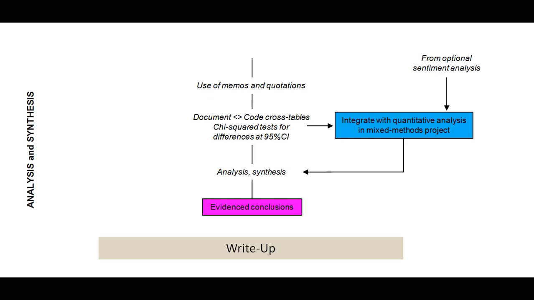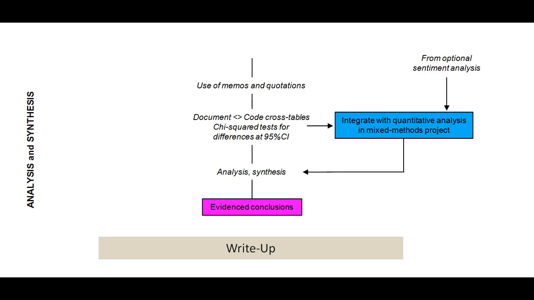Analysis and synthesis. This is where you bring all the evidence together to answer the research questions. In a mixed methods approach, the evidence comes from the results of both the qualitative and quantitative analysis. The coding of resources can itself be subject to graphical and statistical analysis so that overall differences between resources can be identified.